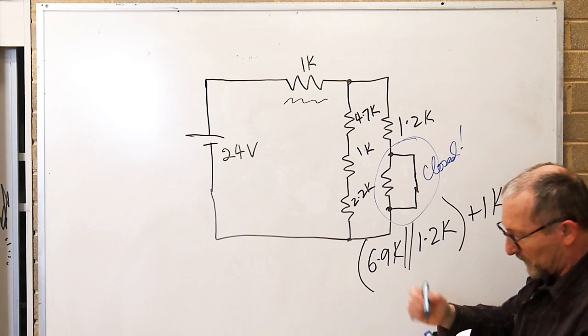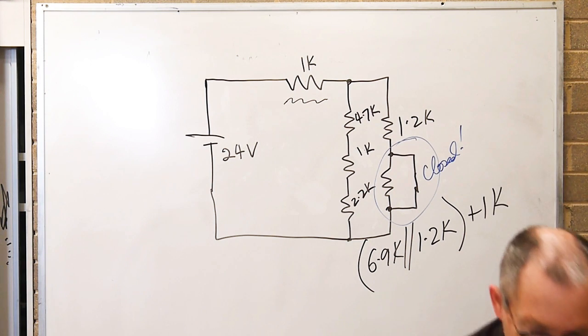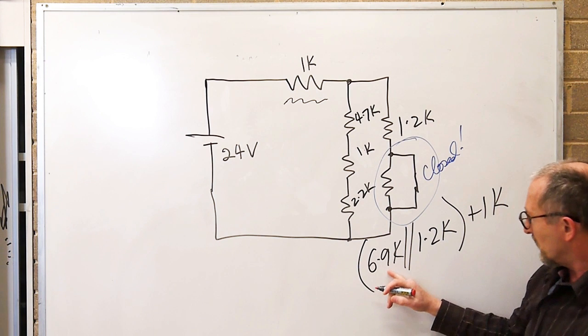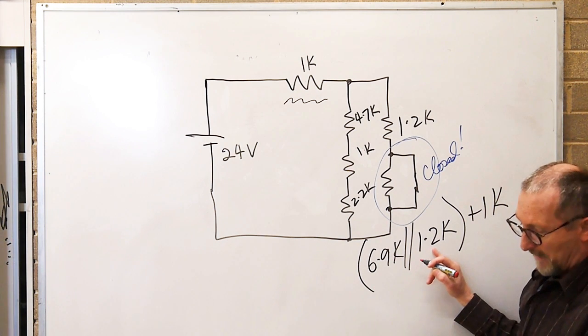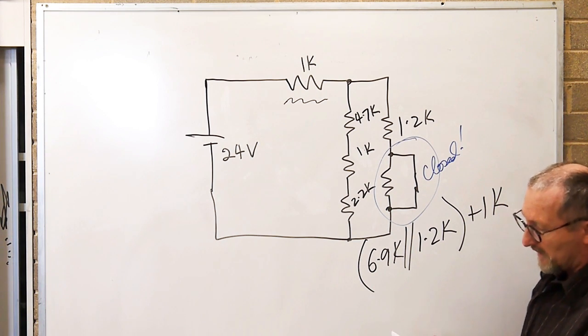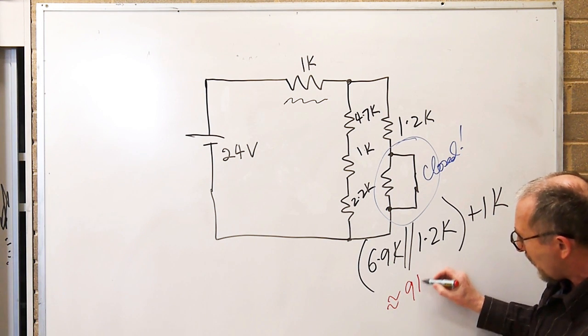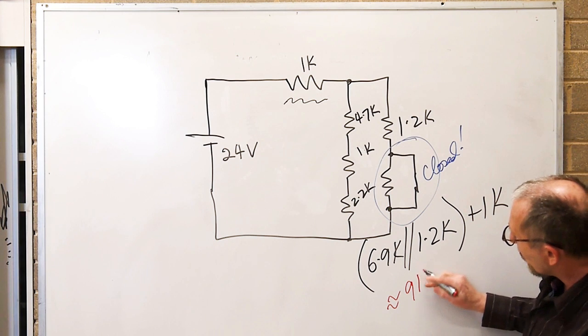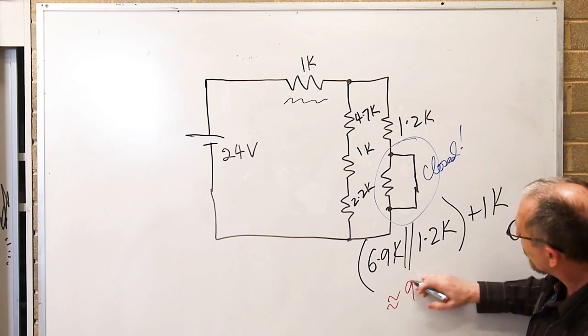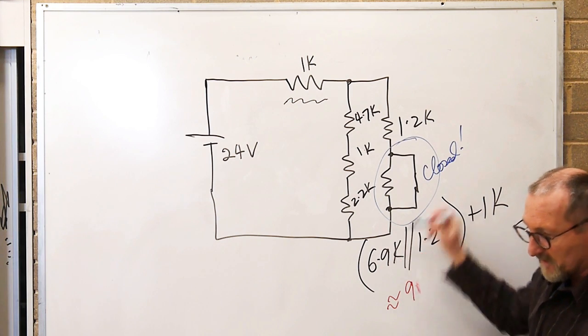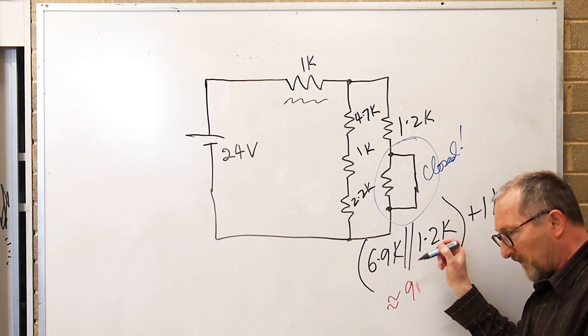Now, this is where the fun comes in, because I don't go for the calculator straight away. I've said 6.9K in parallel with 1.2K. It's around about, at a guess, about 900 ohms. Because, you know, call that 1,000 ohms, call that 7,000 ohms. 7,000 ohms in parallel with 1,000 ohms.